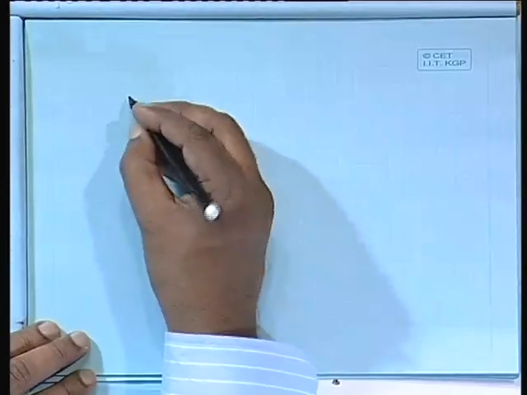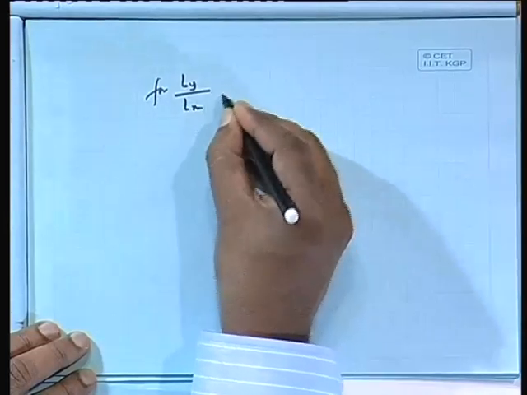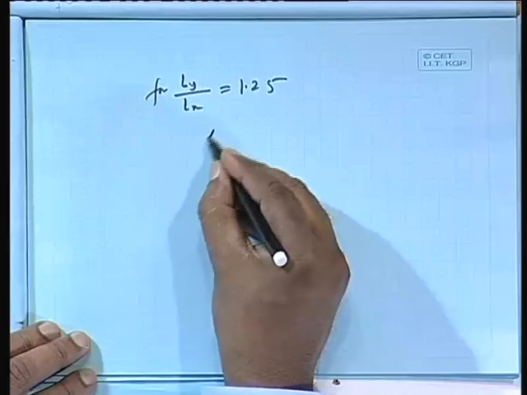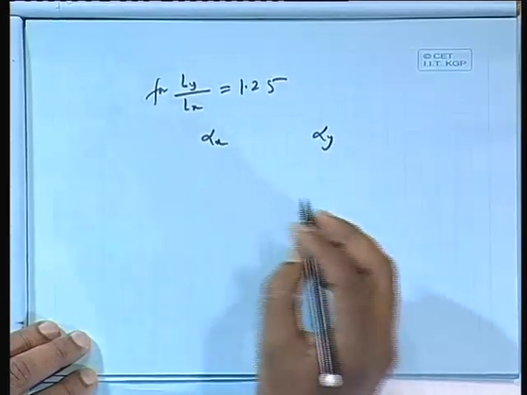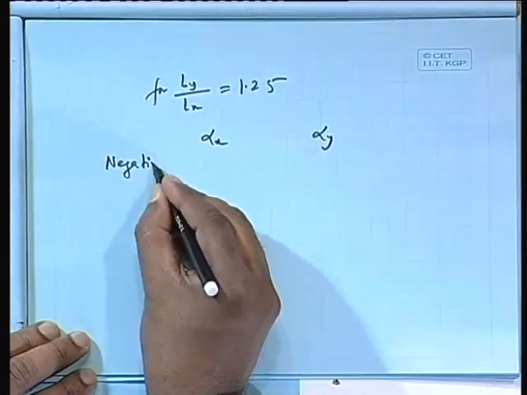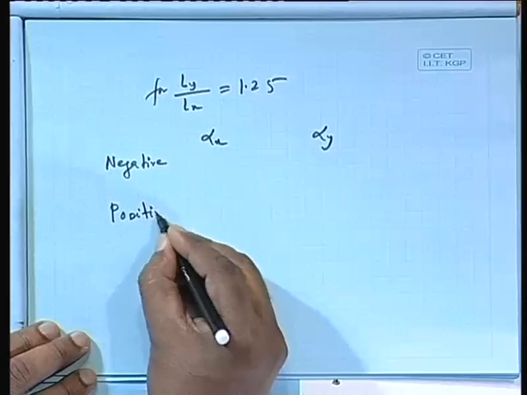So negative moment for LY by LX equal to 1.25, alpha x and alpha y. So, negative coefficient and positive coefficients.